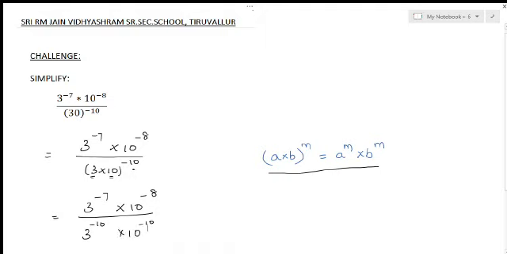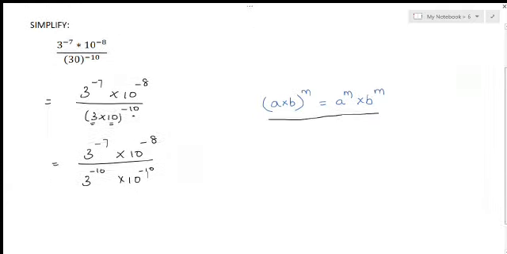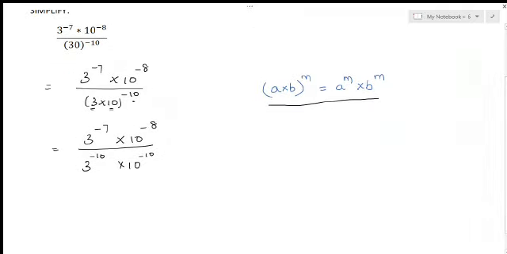Now you can observe that bases are same and it is in division. Actually 3 power minus 7 divided by 3 power minus 10. Same way 10 power minus 8 divided by 10 power minus 10. If both the base are same and if it is in division, we can subtract the powers.